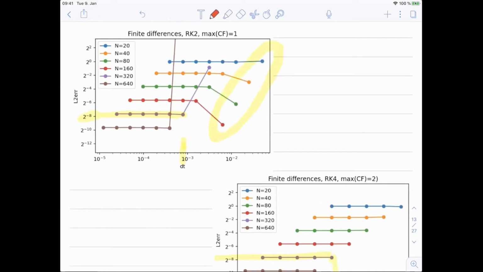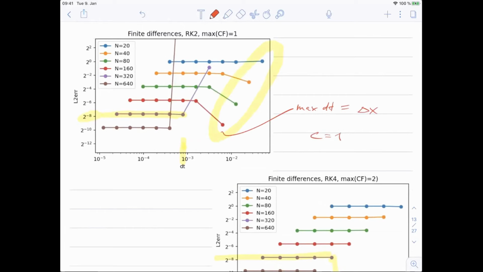The biggest time steps I'm plotting here are always equal to the spatial grid size. So that corresponds to a Courant factor of 1.